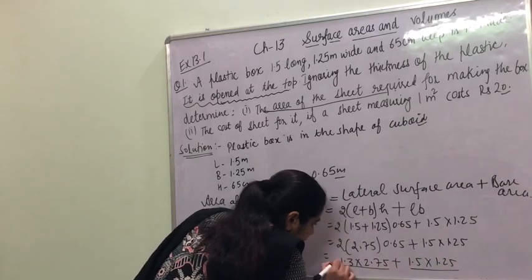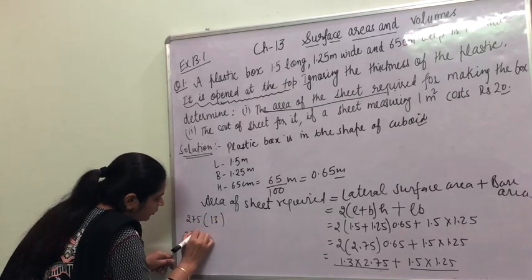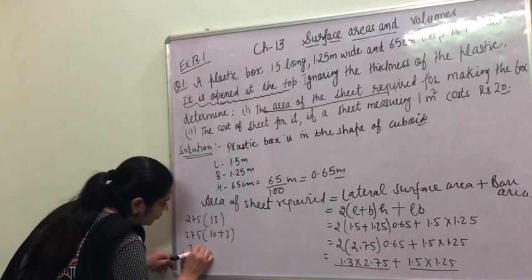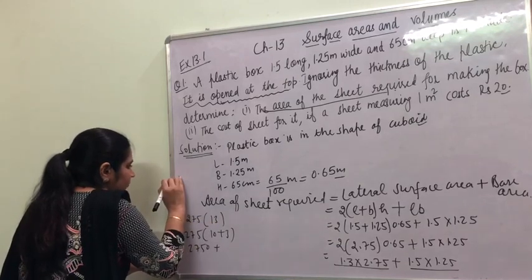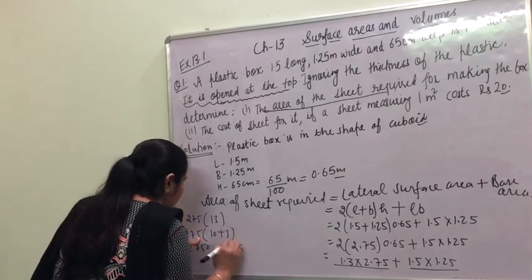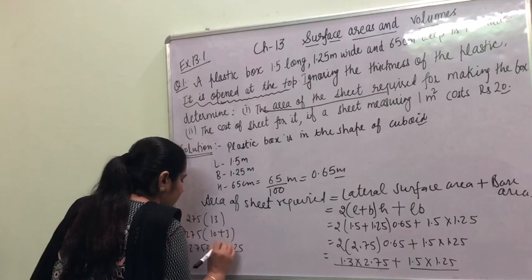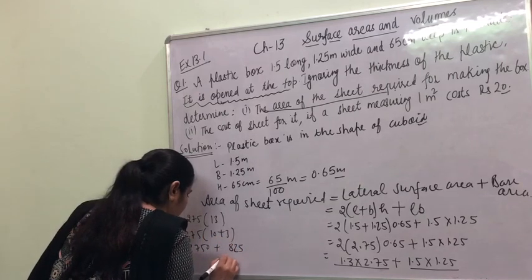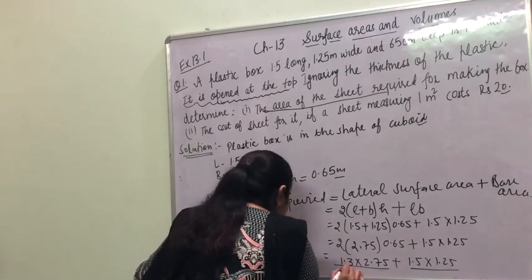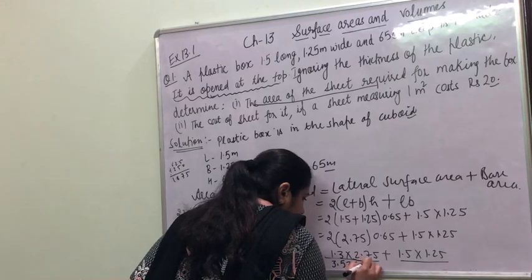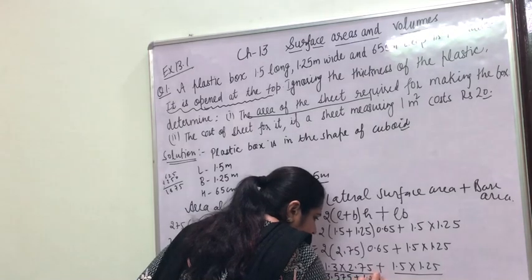This I am writing as it is. Here I am doing the calculation. 275 into 13. 275, 10 plus 3, 2750 plus 275, 3s are 3, 3 5s are 15, 3 7s are 21, 22, 3 2s are 6 and 2, 825, 3575. 3.575 plus these 2 terms I am writing as it is.